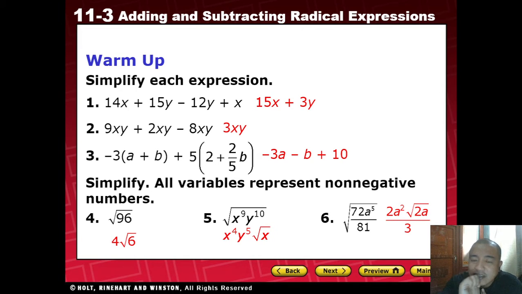Yes, because 6 over 9 is 2/3. So reduce to lowest terms.